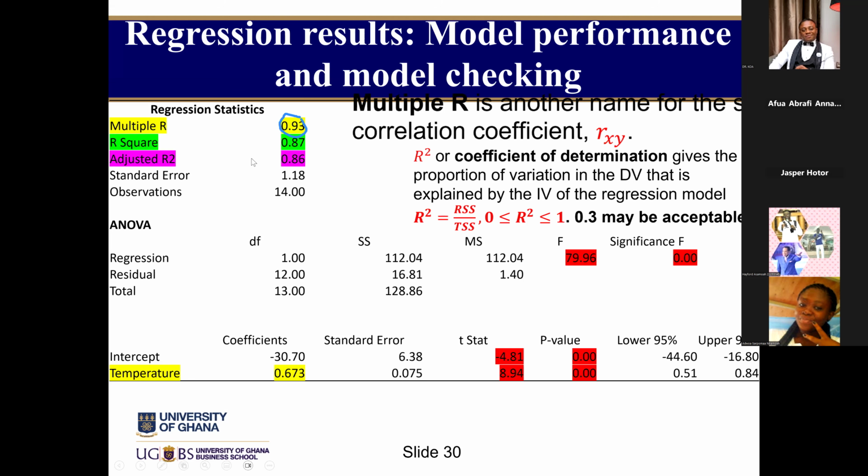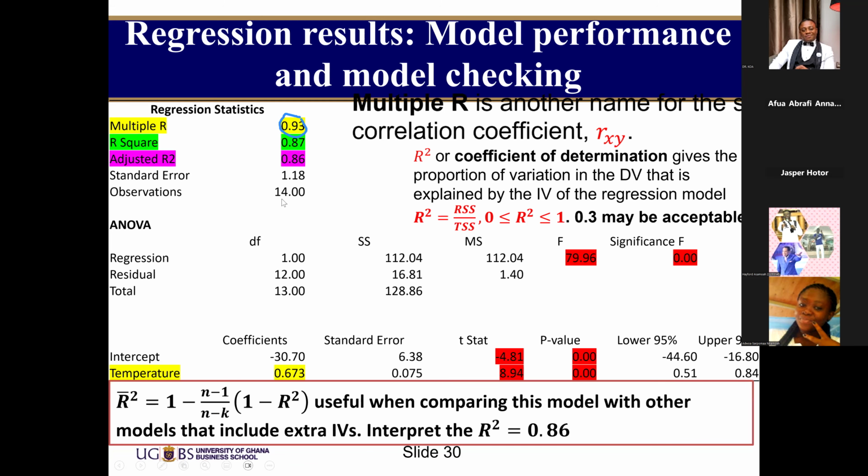Then we have the adjusted R square. It's always equal to the R square or less than the R square. The adjusted R square penalizes the inclusion of irrelevant variables. Write it down. Adjusted R square: it penalizes the inclusion of irrelevant variables.